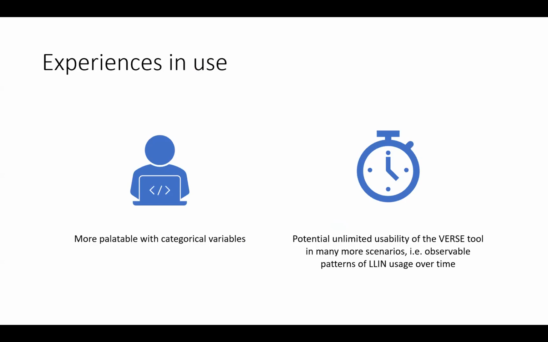So what did we experience in using the VERSE tool? One, we note that the VERSE tool, from our experience, is more palatable when you are using categorical covariates. So if you have to reorganize your data to use categorical variables, it would be easy for you to use the VERSE toolkit.